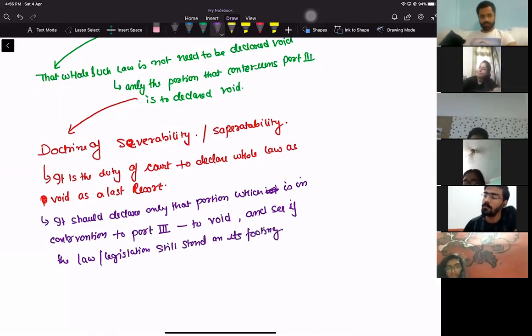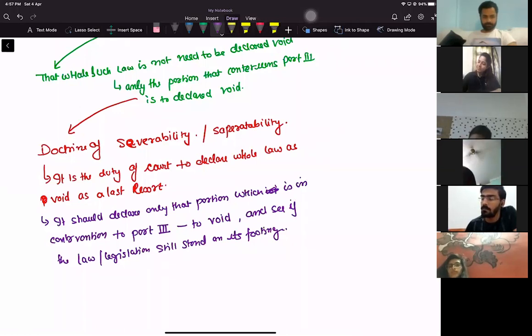For example, the Information Technology Act, Shreya Singhal case. What happened in this? Not Shreya Bhatnagar, ऐसे हंसने की जरूरत नहीं है. What happened was that Section 66A of the Information Technology Act was declared void. So what did the Supreme Court do? It did not declare the complete Information Technology Act void. Only that particular clause was declared void, and after declaring it void, they saw whether removing 66A would have any effect upon the enforceability and functionality of the Information Technology Act.